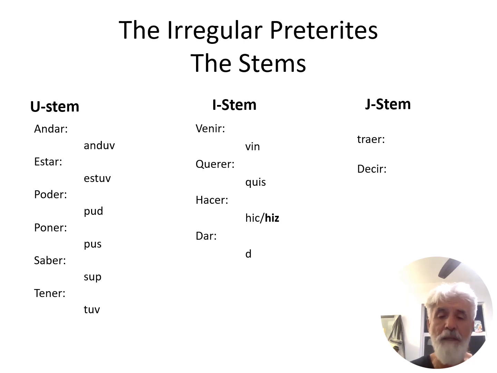Finally, let's look at our J stem verbs. Traer, to bring, is traj, there's a j at the end, and decir is dij. Okay, so you should be familiar with these verbs when you're going to put them into the preterite tense. You have to just memorize these stems.